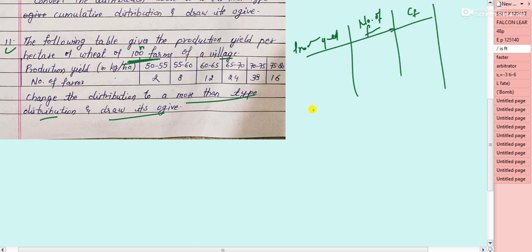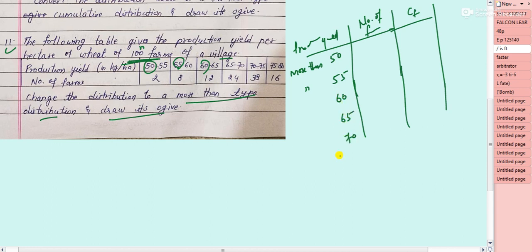Now while answering, since they have asked more than, you have to take the lower limit. Remember, for less than you took the upper limit, for more than always take the lower limit. Got it? 50, 55, 60, 65, 70, 75.